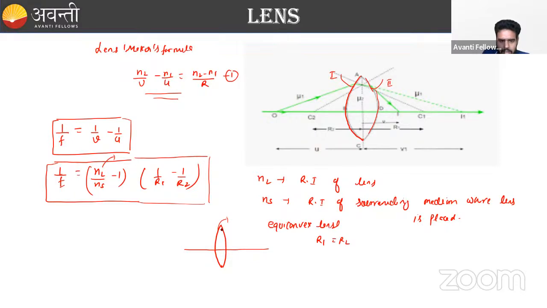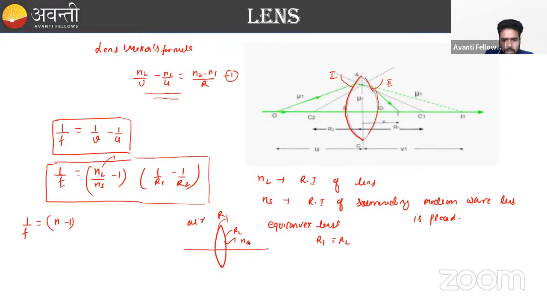This is R1 of the first surface, and this is R2 of the second surface. If this lens is placed in air and the refractive index of the material of the lens is N, then the focal length of this lens we can write as N minus 1.